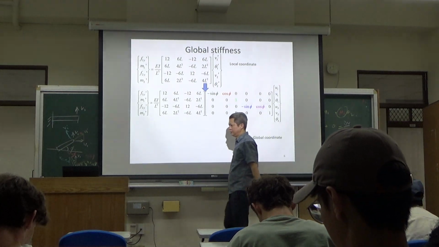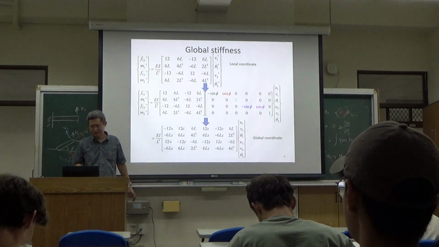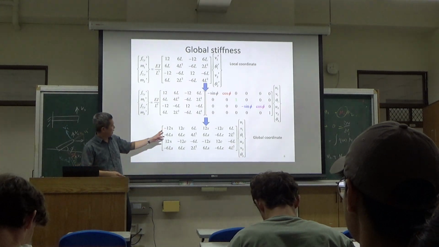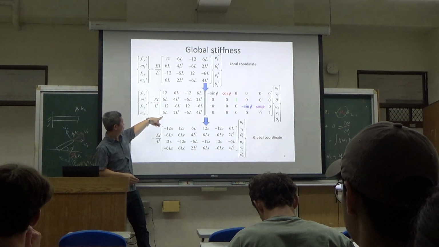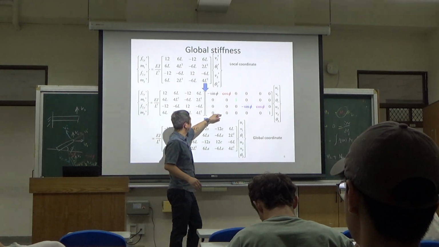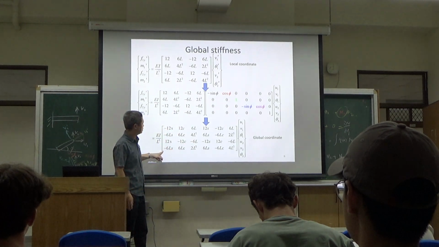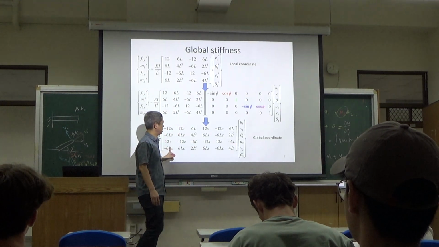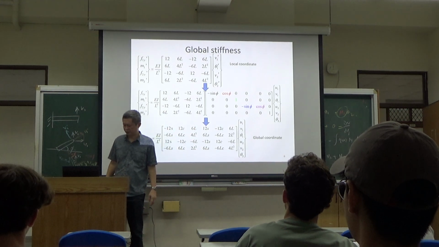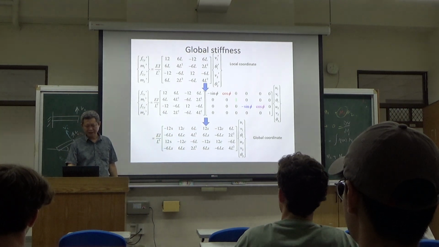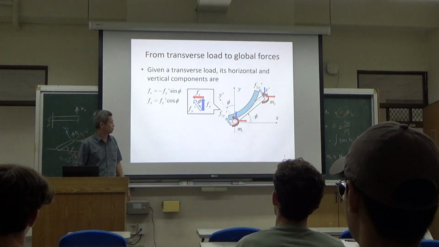Okay, and through these operations, you can now combine the two matrices. This is a 4x4 matrix. This is a 4x6 matrix. After the multiplication of the two matrices, you're going to have a 4x6 matrix.